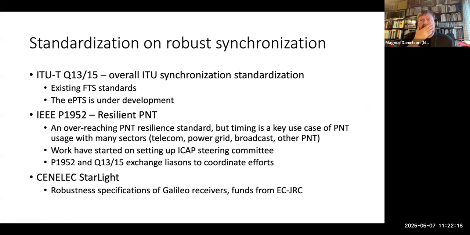I talked a little bit about standardization. Question 13 is obviously where we do the ITU-T, but I think there are a couple of other things that I also want to bring up. We have IEEE P1952, where we work on resilient PNT. This is interesting because it's a multi-sector thing. We work with telecom, power grid, broadcast, and many other PNT users.